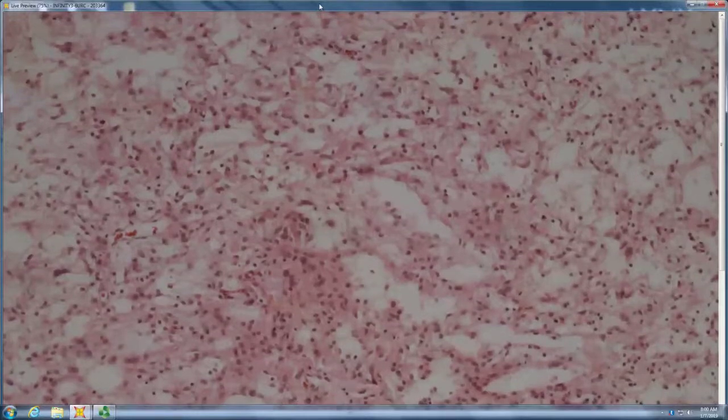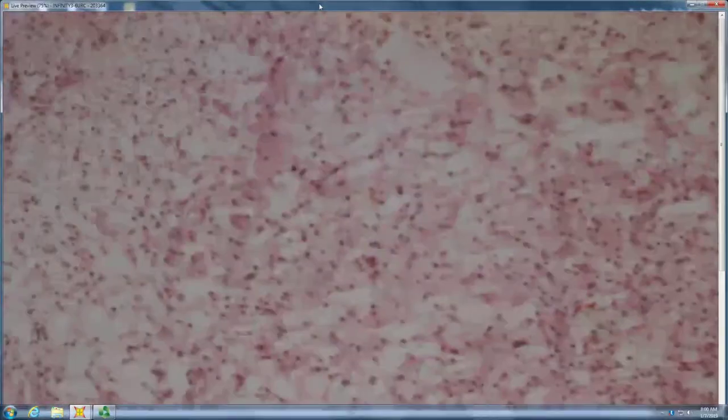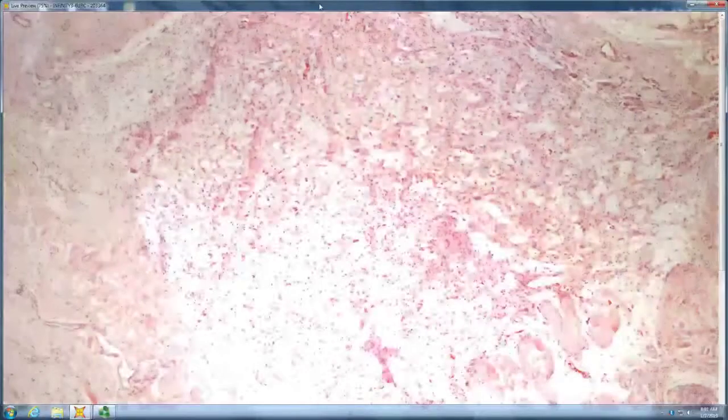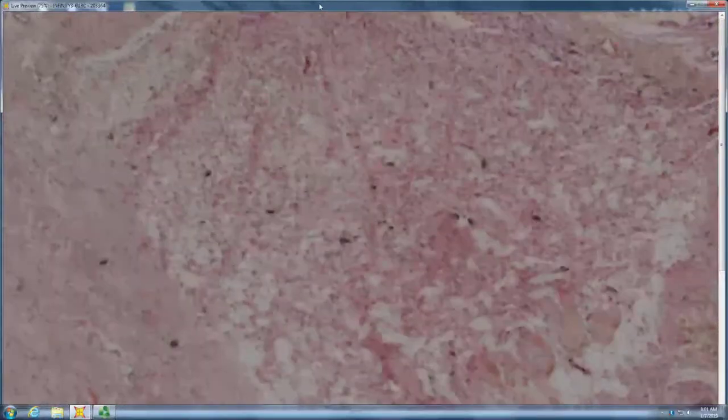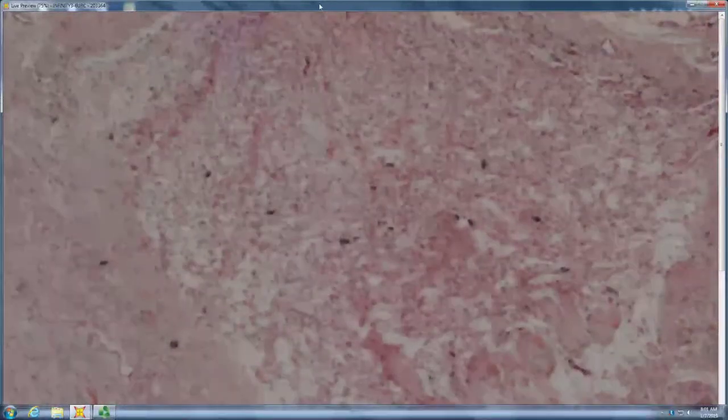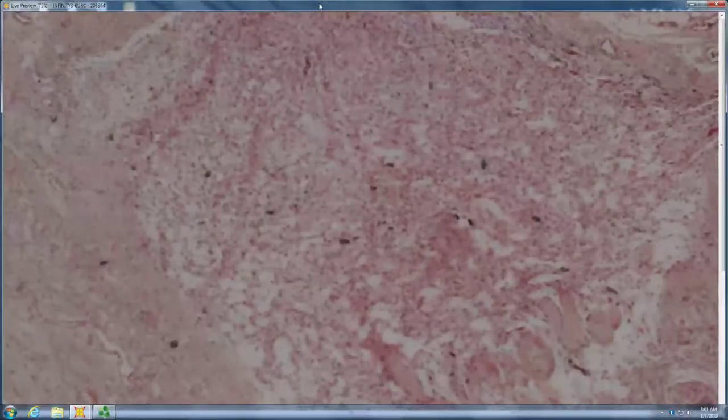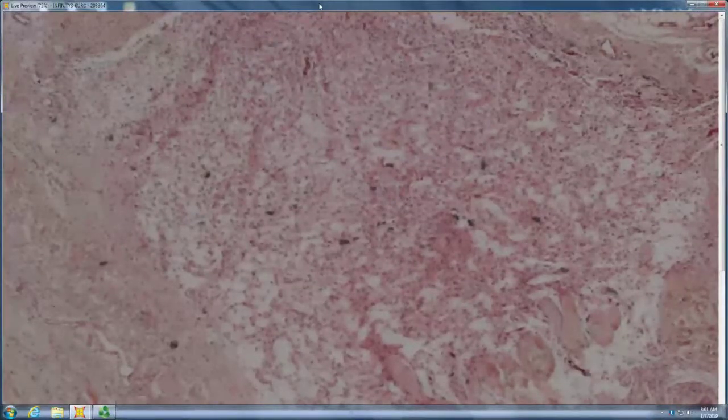It's like myxoid areas. Myxoid neurothekeoma is a thought. There's a nerve maybe next to it. It's like an old schwannoma. But it's not really encapsulated, right?